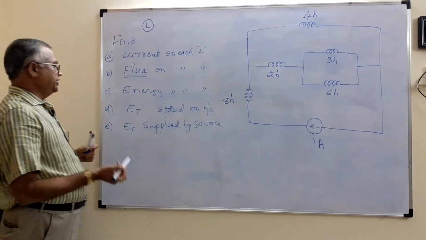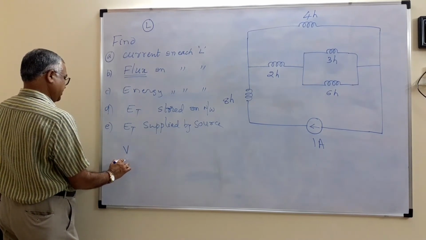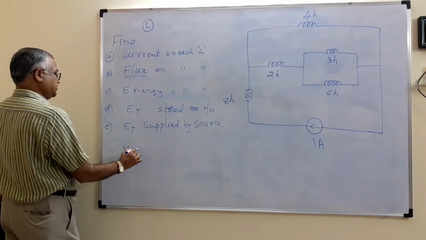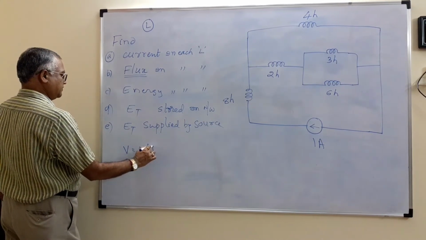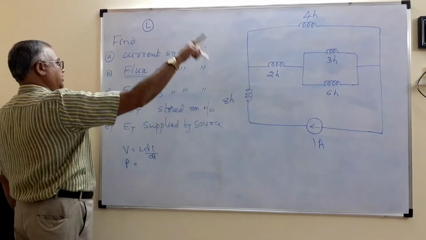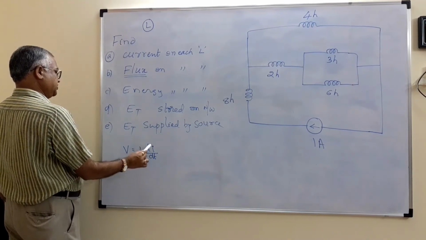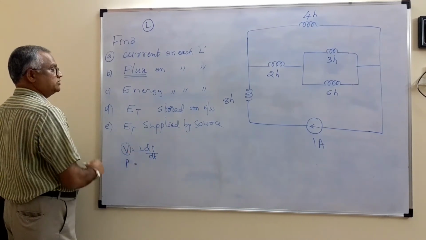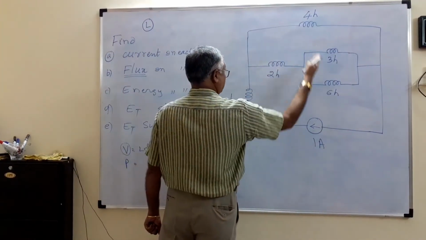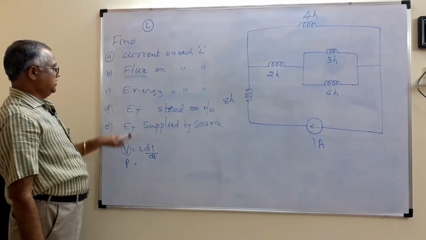If they ask voltage, what is the answer you give? Generally they don't ask voltage and power. What is voltage? L di by dt. So for DC, what are the currents flowing? Constant current. The derivative of a constant is 0. So voltage is always 0. This voltage is 0, 0, 0, 0, 0, everywhere zeros only. That's why they are not asking what the voltage is.